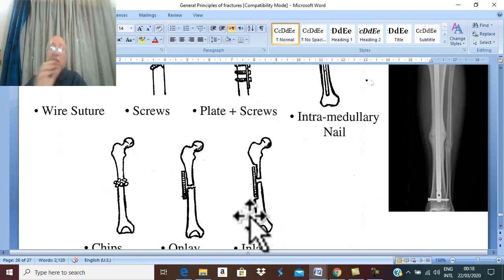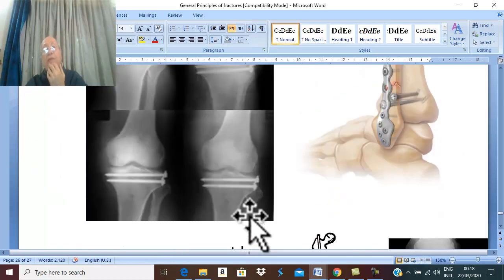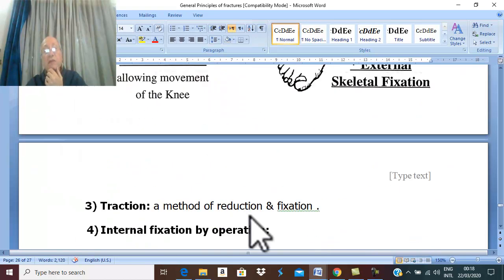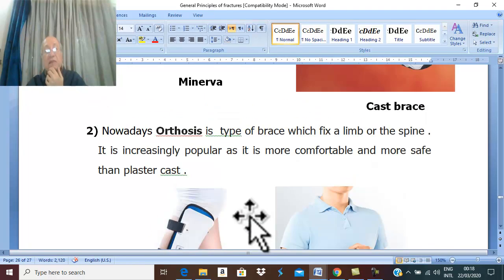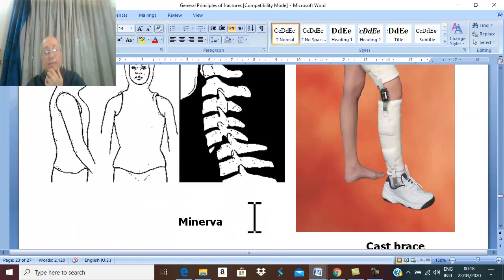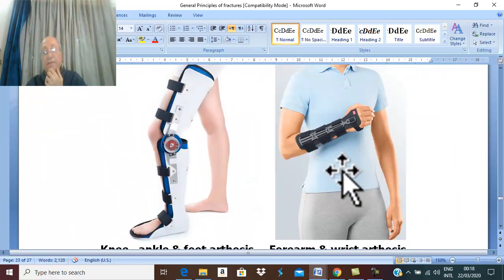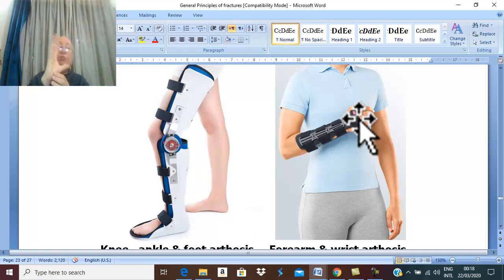During application of the plaster cast, when the joint is fixed in the plaster cast, the other joints, like the movement of fingers, which are not fixed, the patient should always move the fingers to keep the muscles contracting.